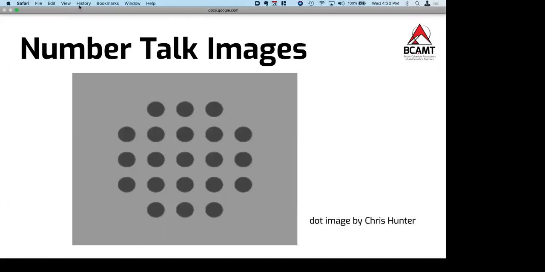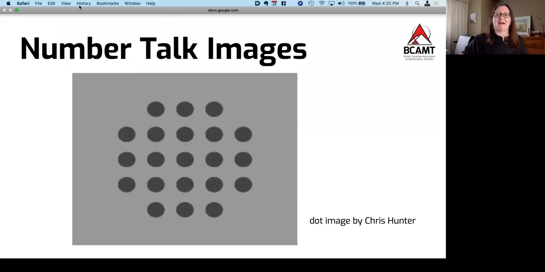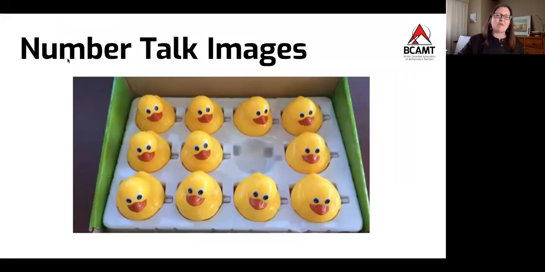We'll have a look at some of that. Another one, for younger children, I often use this as a first number talk image. It's a small enough quantity that if students need to count, they can count, but it also allows for some grouping and beginning multiplication as well.